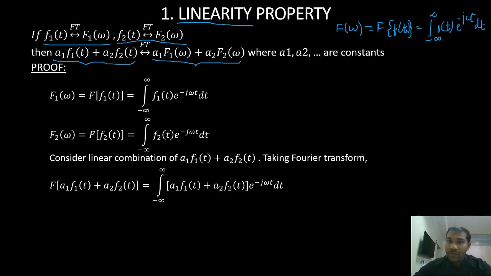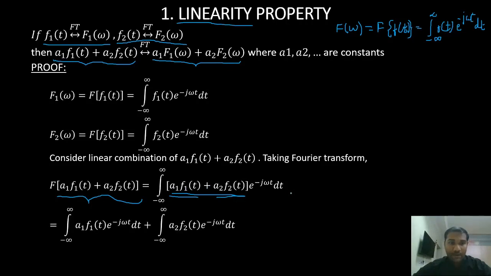Instead of f of t, I'm going to substitute my function a1 f1 of t plus a2 f2 of t, right? Now I can separate the integral for this part and this part. So it becomes integral a1 f1 of t e power minus j omega t dt plus integral a2 f2 of t e power minus j omega t dt.